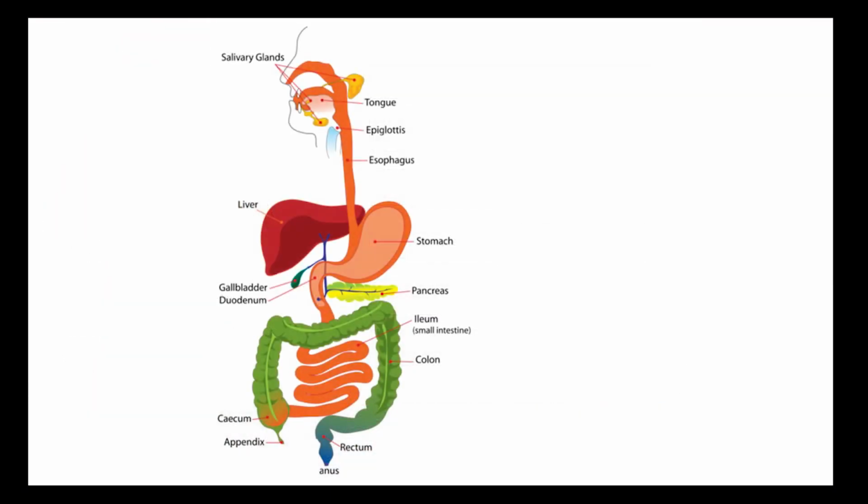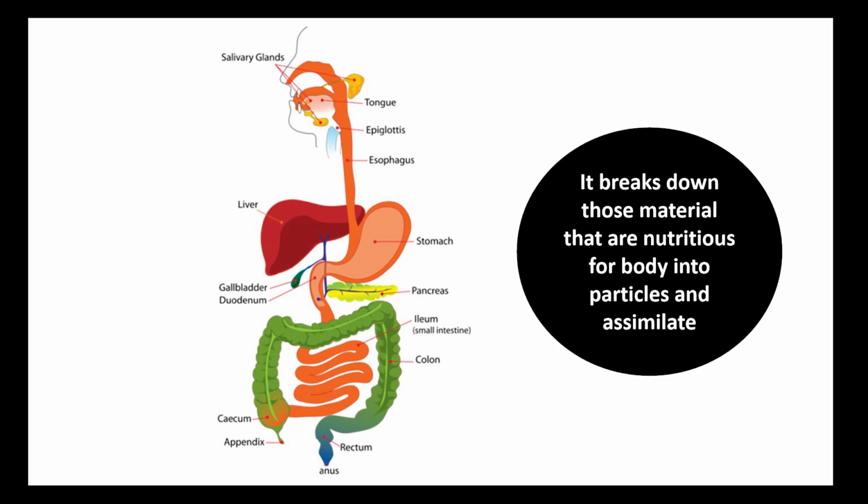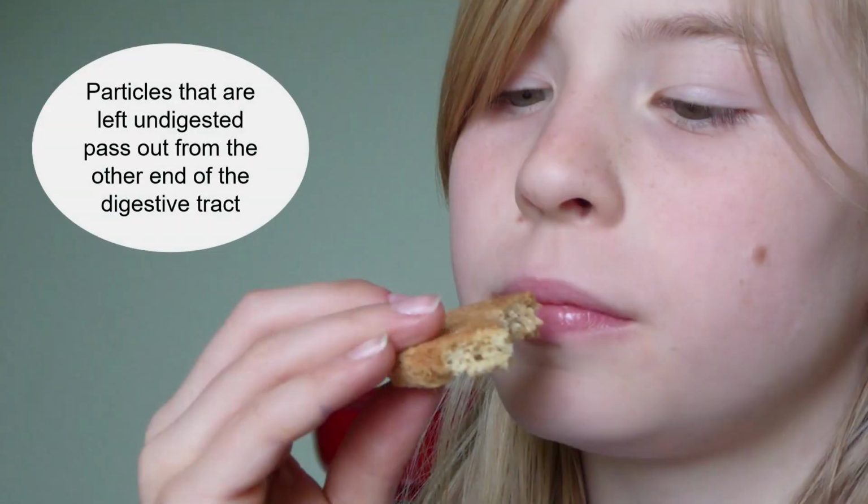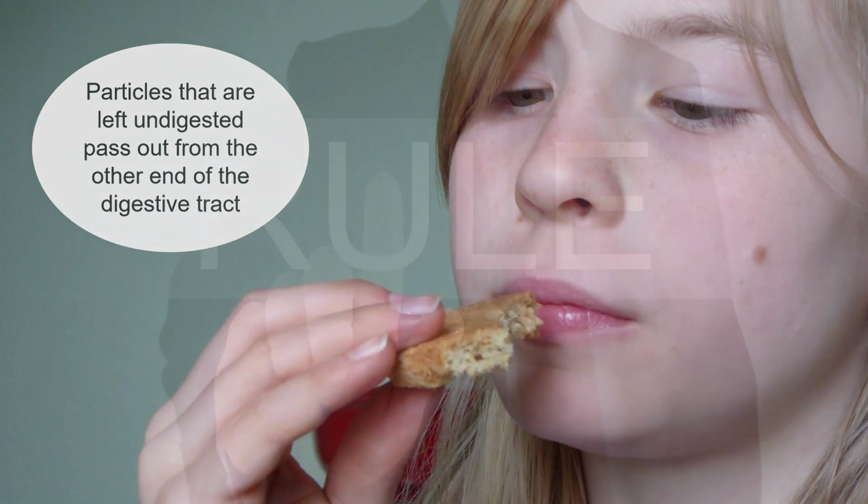What we must understand is that the GI tract or the digestive tract is very selective. It breaks down those materials that are nutritious for the body into particles that can be easily taken up by the body. Particles that are left undigested pass out from the other end of the digestive tract.